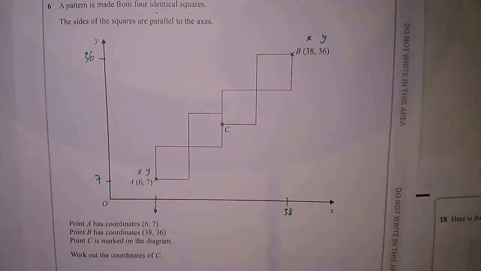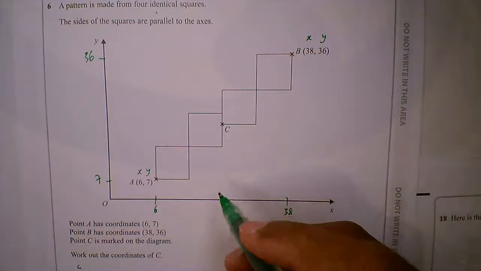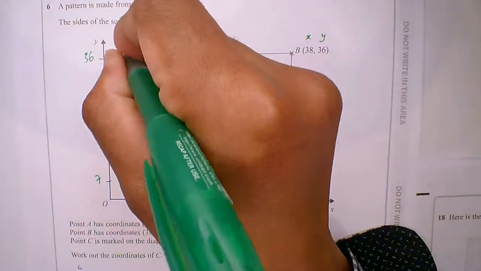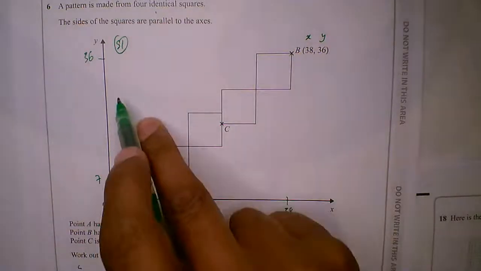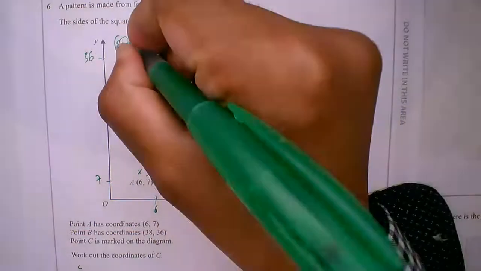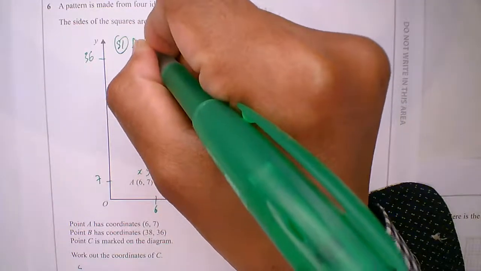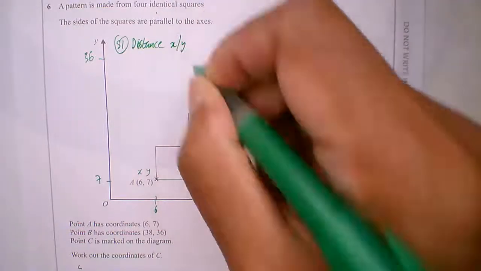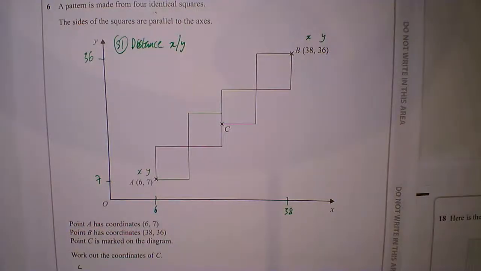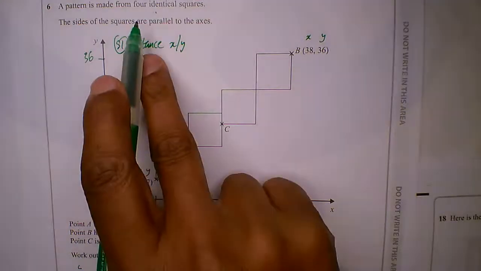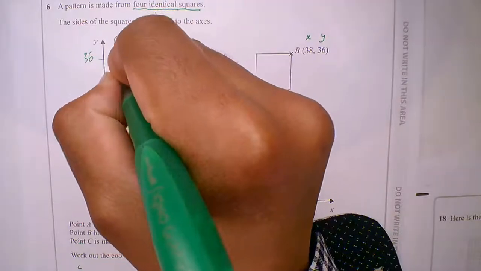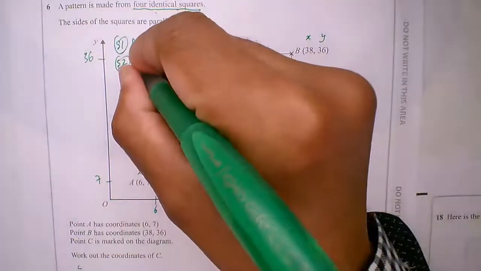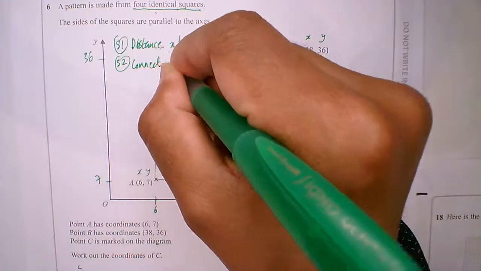The way I am going to solve it is step one. I am going to, so I'll write it at the top. Step one, I am going to look at the distance of x and y. This must be relevant. So distance of x or y. And hopefully I can then connect this to 4 identical squares. So step 2 is connect to squares.